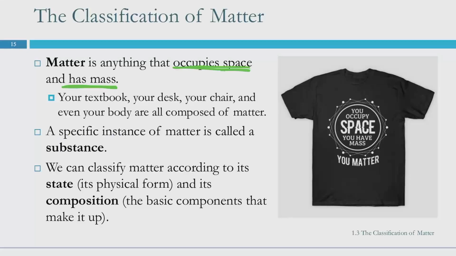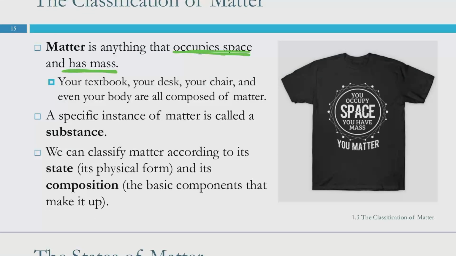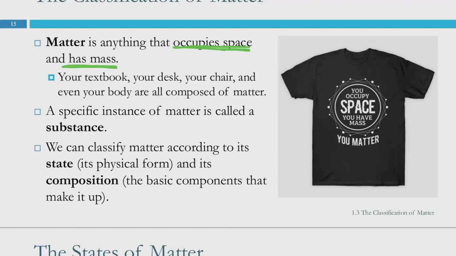One particular instance of matter we could call a substance. Chemicals, substances, desks. A desk is a substance. Water is a substance. We can also classify matter based on its physical form, physical state, the states of matter, as well as its composition, what is in it.